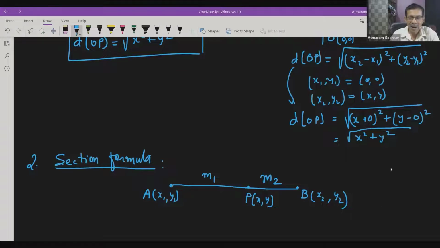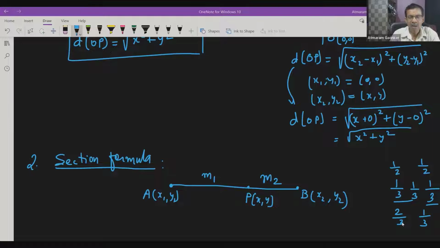When divided equally among 2, one person will get half, another person will get half. If it is divided into 3 parts, each person will get 1/3. If it is divided into 2 parts, one brother is getting 2 parts and one brother is getting only 1 part. So this will be 2/3 and this will be 1/3.